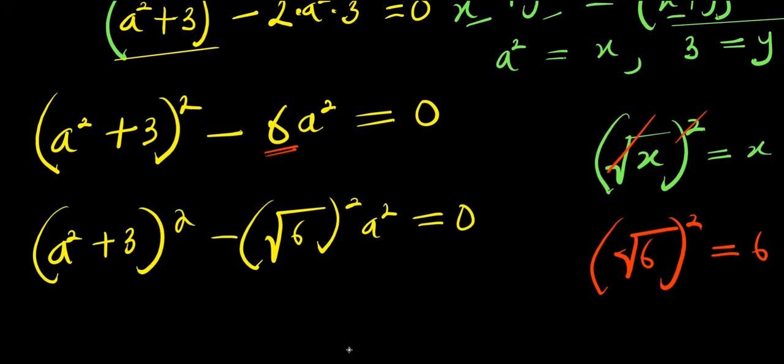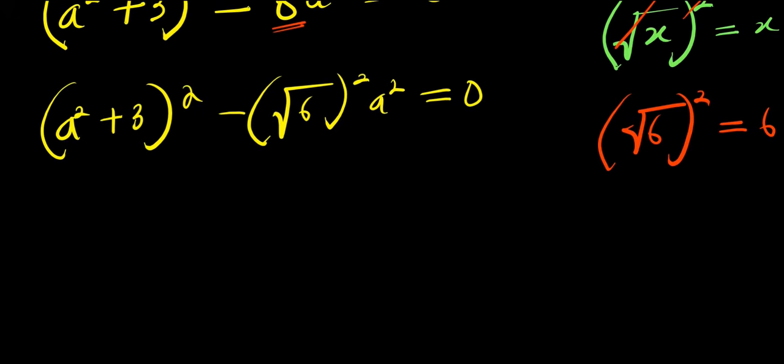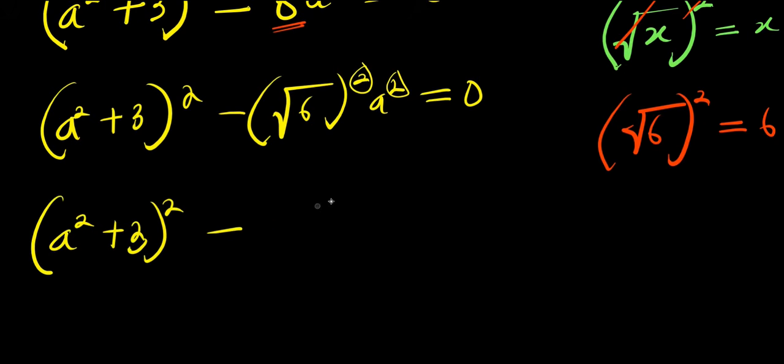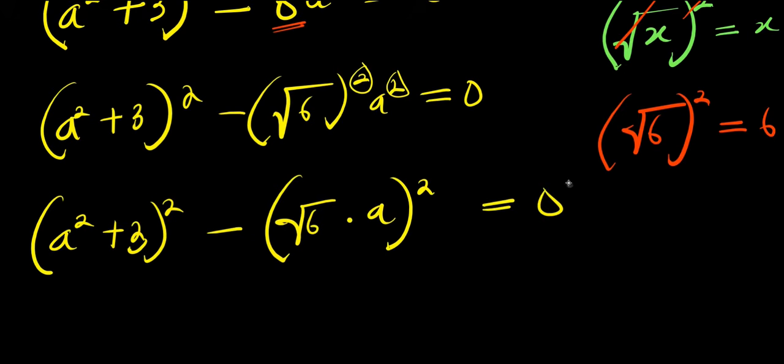Now, from what we have right now, here is power 2, here is power 2. I will take the common exponent, so I have a squared plus 3 raised to the power of 2 minus root 6 times a, and this is raised to the power of 2, and this equals 0.